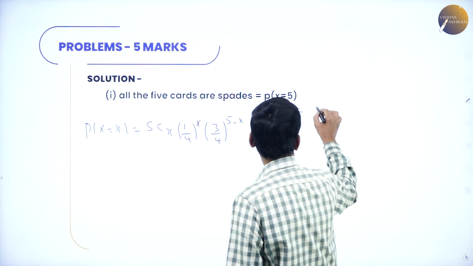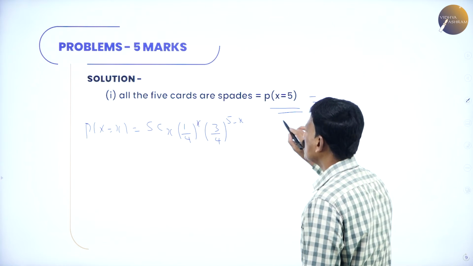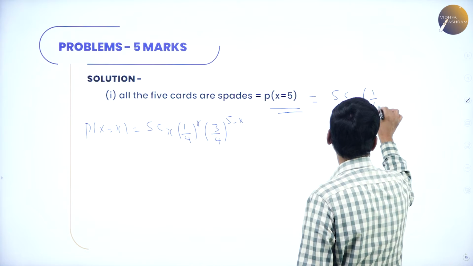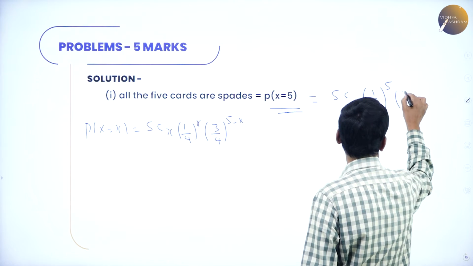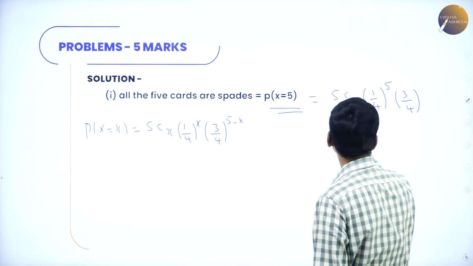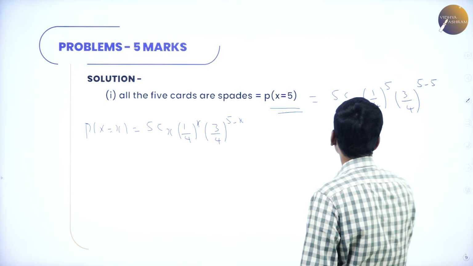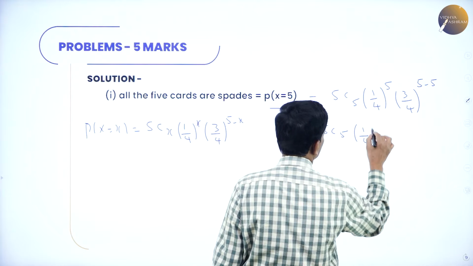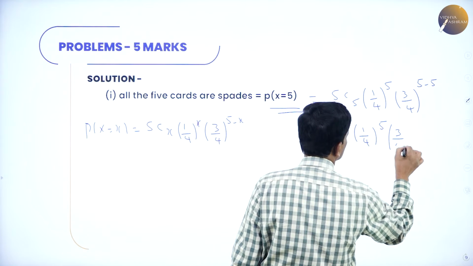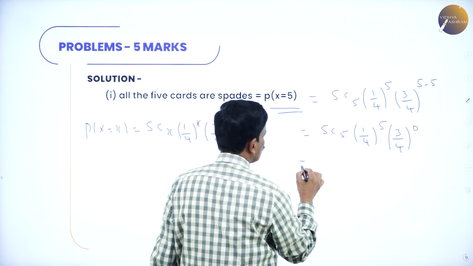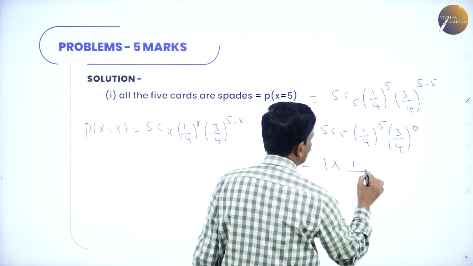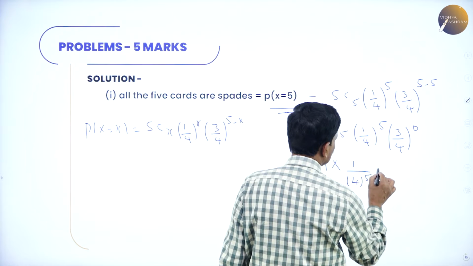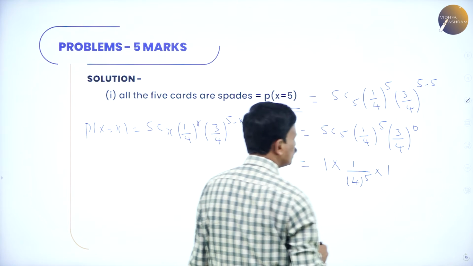So here this is equal to, when x is equal to 5, 5C5 into 1 by 4 to the power of 5 into 3 by 4 to the power of 5 minus 5. So 5C5 into 1 by 4 to the power of 5 into 3 by 4 to the power of 0. 5C5 is 1. 3 by 4 to the power of 0 is 1.